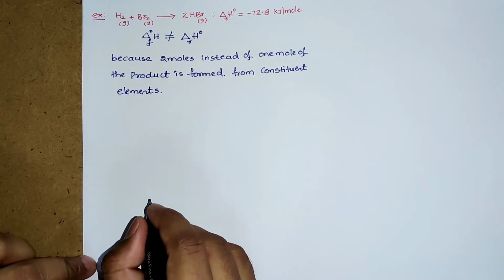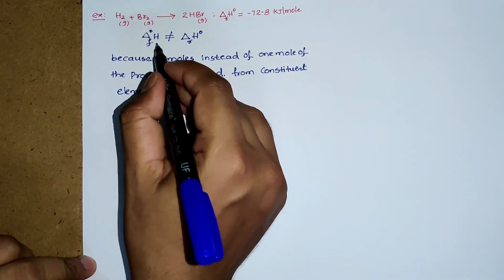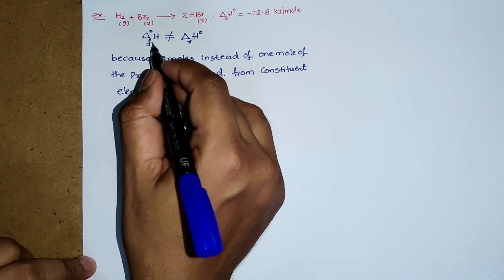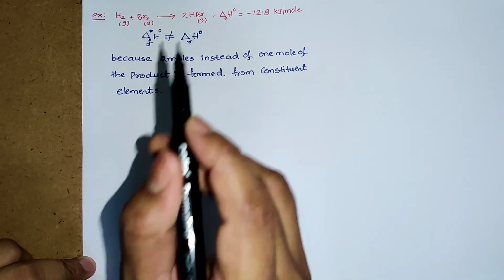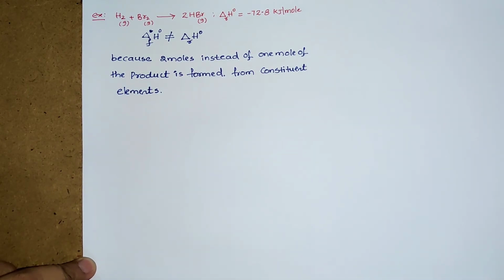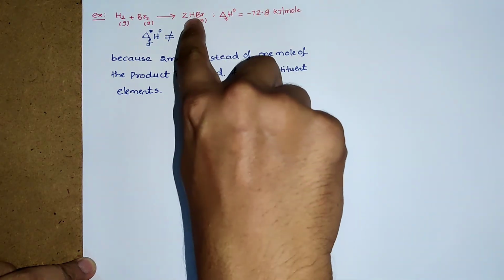So to equalize, delta fH naught equal to delta rH naught, the above equation has to be divided by 2, then only we get 1 mole.